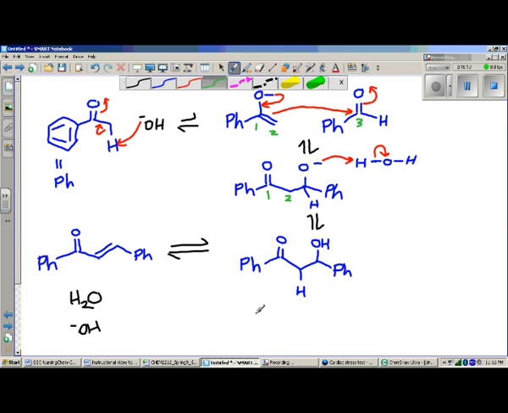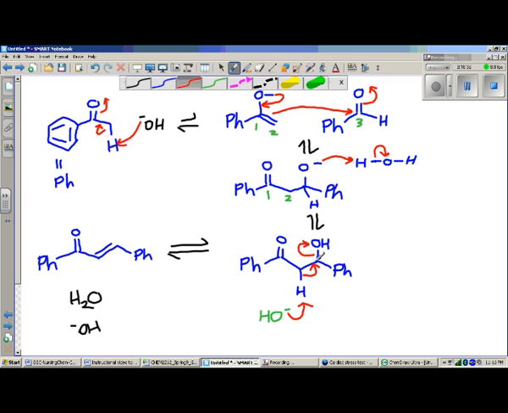But can we talk about the mechanism here? Well, I'm hoping it's not too much of a stretch. Here's our OH minus, and hopefully you guys can see it's going to grab that acidic alpha hydrogen, kick those electrons up onto there. Now usually we don't see OH minus as a good leaving group, but in this case there's lots of OH minus around, which makes this easier to come off, and we're going to regenerate it in the reaction anyway.